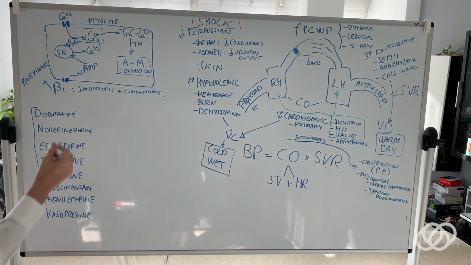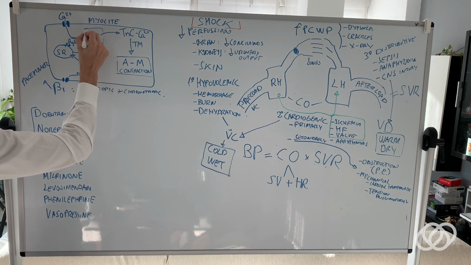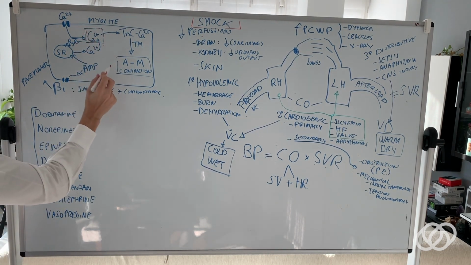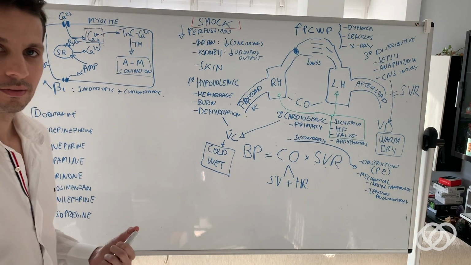There is one problem with the drugs that act on this receptor: they function due to an increase in calcium. The increase of calcium also, as we know, promotes arrhythmias. Why?